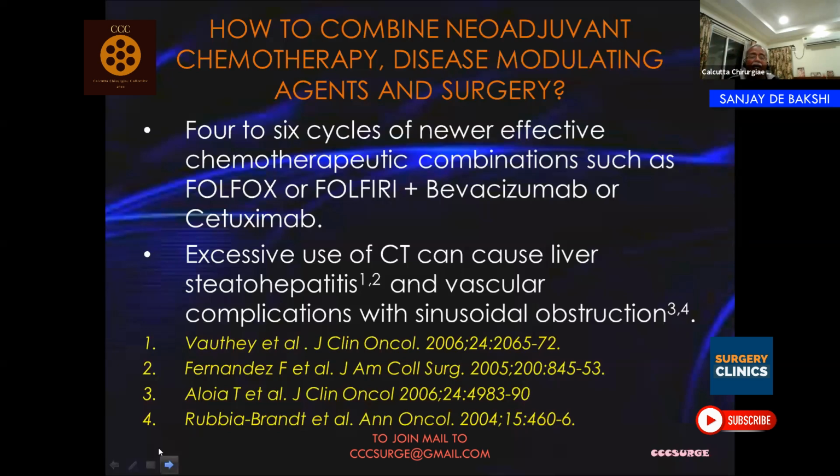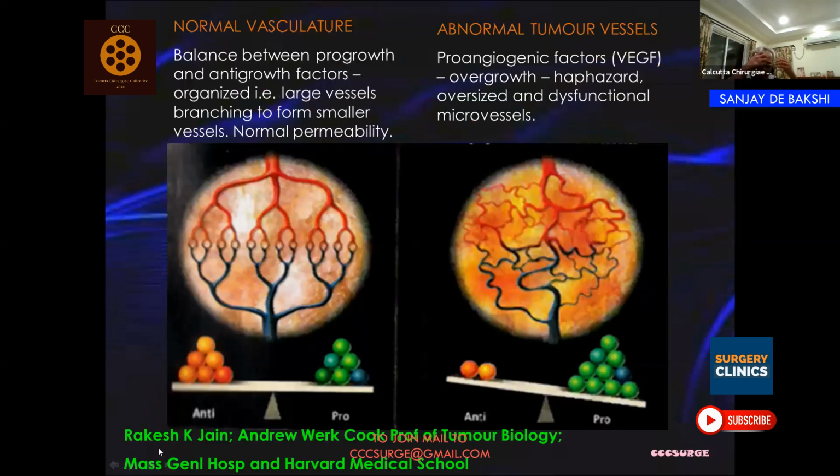Right. So this was another brilliant study carried out by an Indian scientist who started working at the Massachusetts General Hospital. His name was Rakesh Jain. He said that in a normal tissue, there's a balance between anti-growth factors and growth factors, with large vessels branching to form normal permeability.